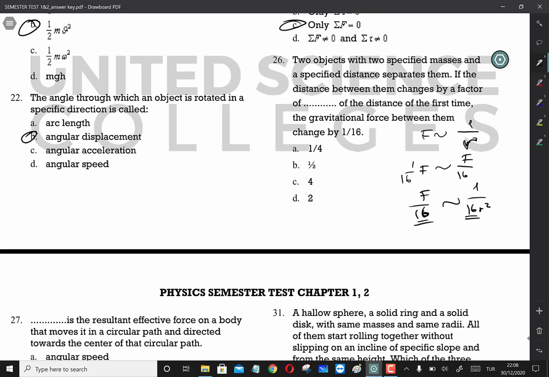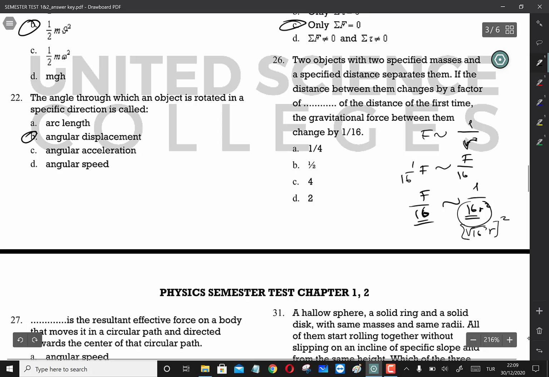However, the question is asking how many times r changes. That's why you should take the square root of this. So the square root of 16 times r squared must equal this number.